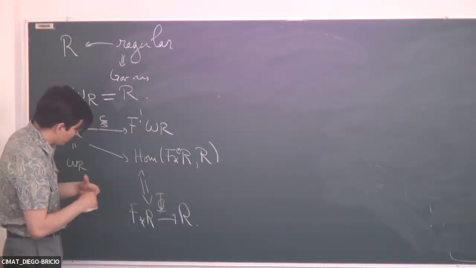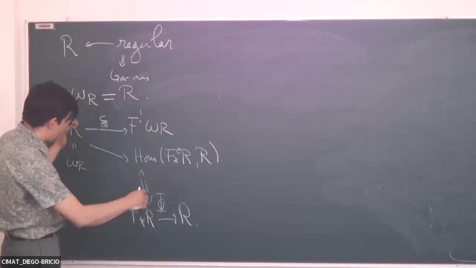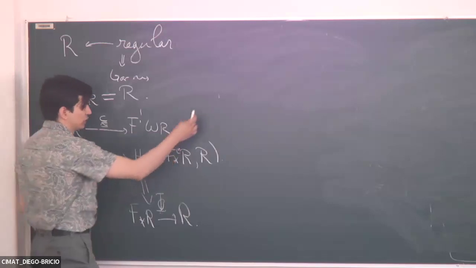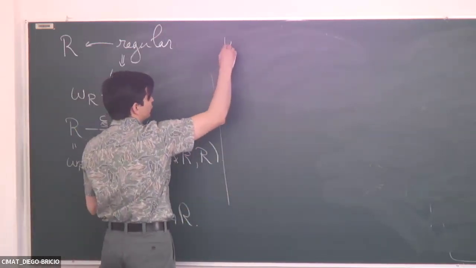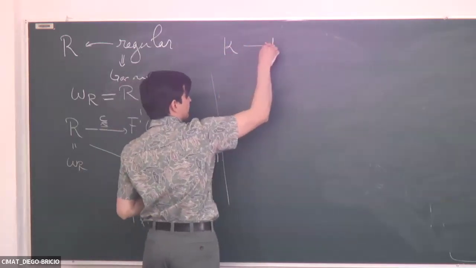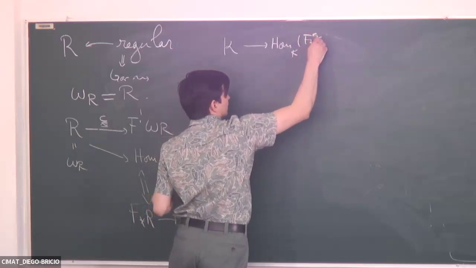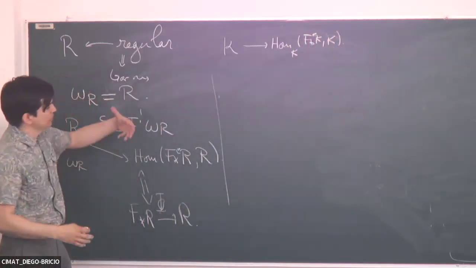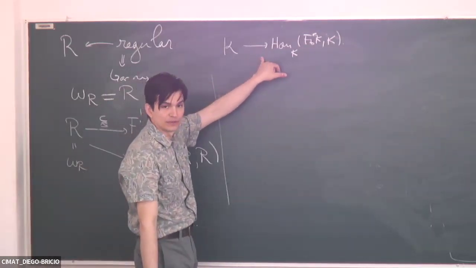And so what I'm going to do is this. I'm going to look at the generic situation. And so generically, let me call K the field of fractions of R. Very abstractly, these two things are isomorphic.